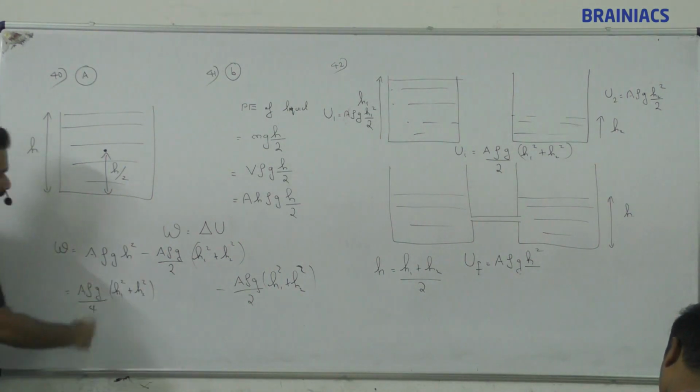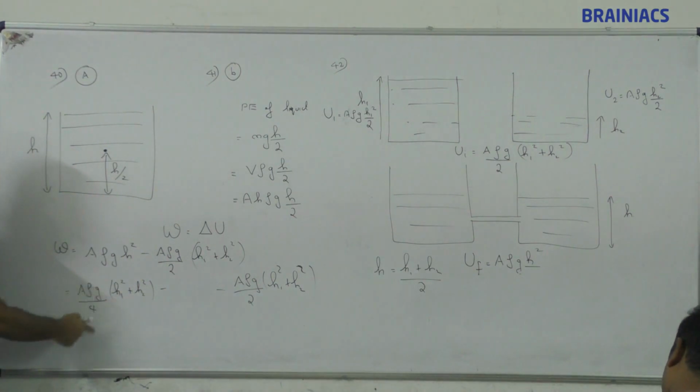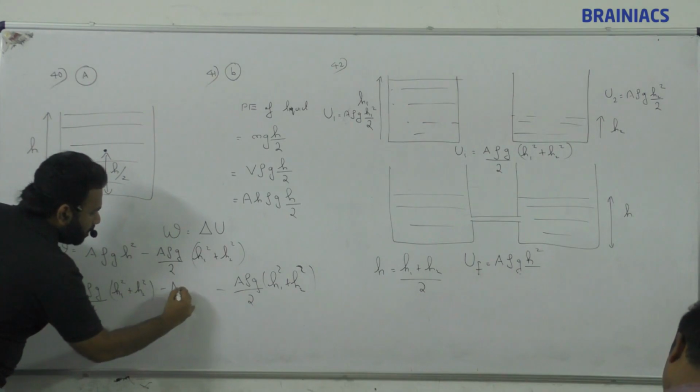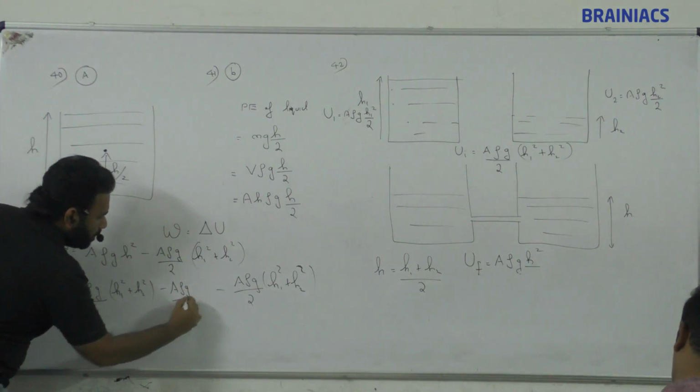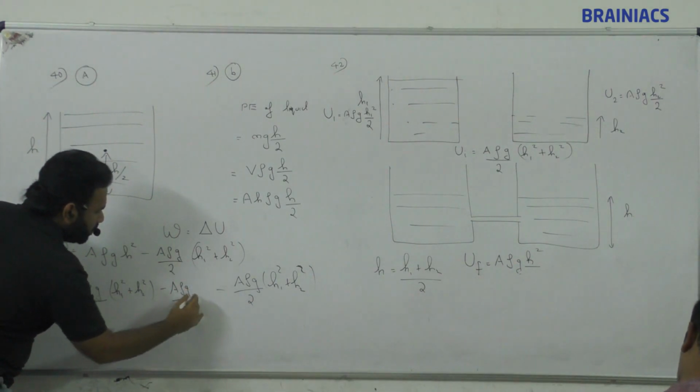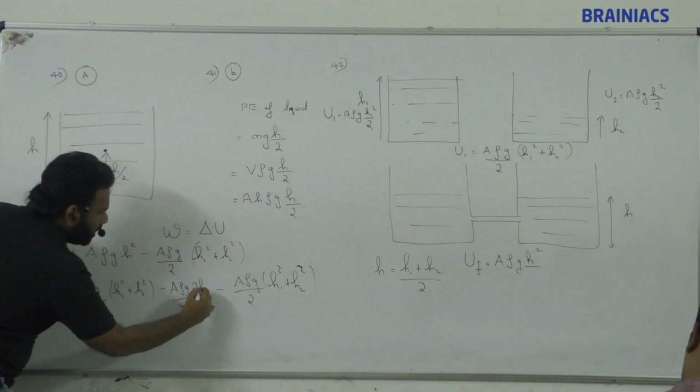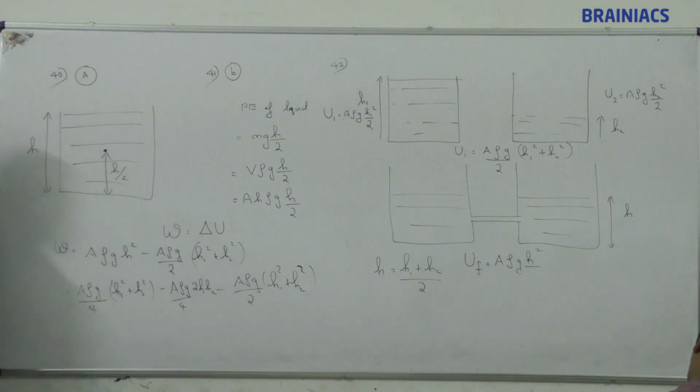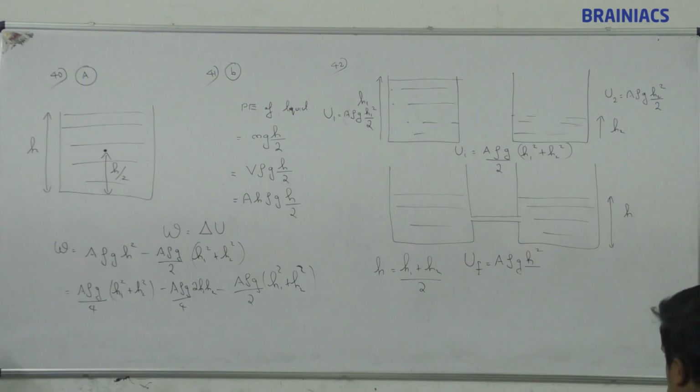Again minus 2ab, there also what we need to do, a rho g by 4 into 2 h1 h2 I need to put, correct or what? Now this is correct.